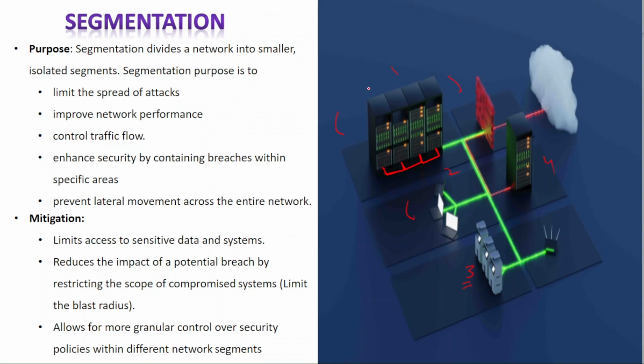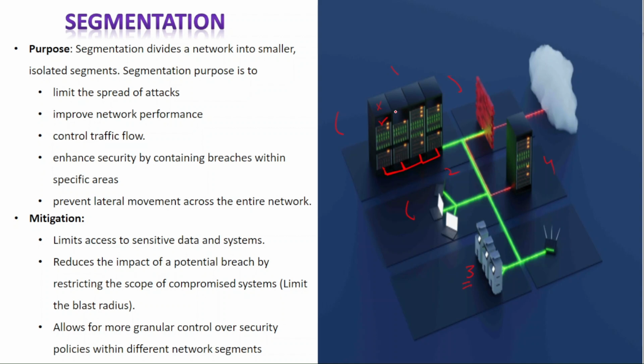So as I said, in segmentation, if one server is compromised over here, let's suppose if this one is compromised, the attack may spread to the other servers within the same network. But in micro segmentation, the compromise is limited to the individual VM or the individual server, because the communication between these individual VMs or servers is also controlled.